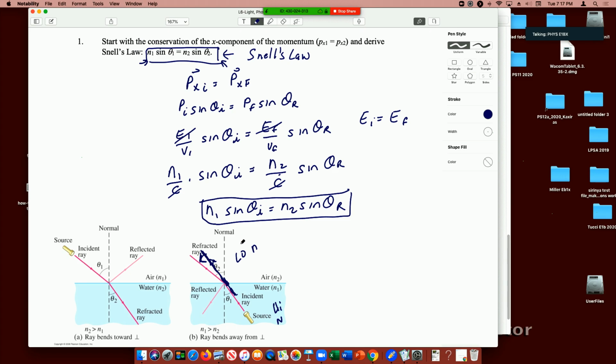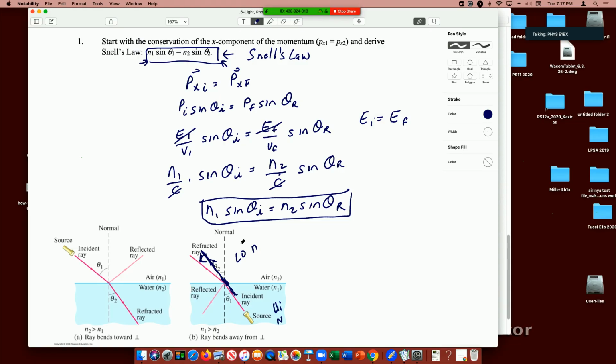I can demonstrate that up here. You can see from the acrylic to the air, imagine what would happen if it went straight. It's bending away from the normal in that situation. Does that make sense?